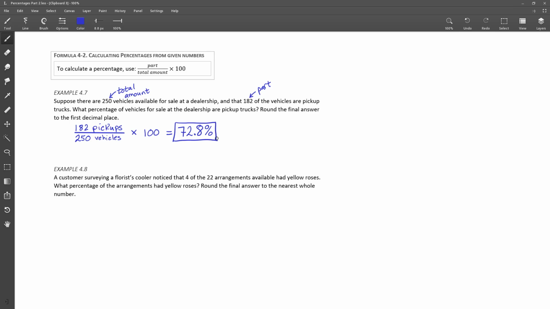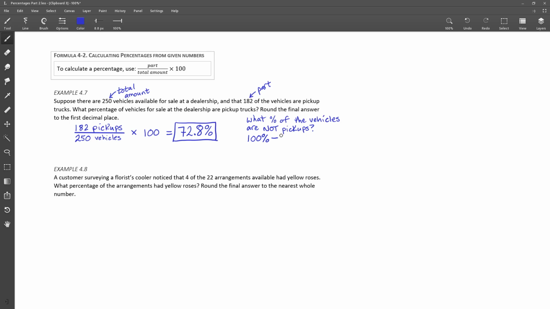Now let's reflect on this for a moment before moving on to the next example. What percent of the vehicles on the lot are not pickup trucks? There's a couple of ways to go about answering this question, but the easiest one is to realize that all of the vehicles on the lot is 100%, right? So all 250 vehicles represents 100% of the vehicles.